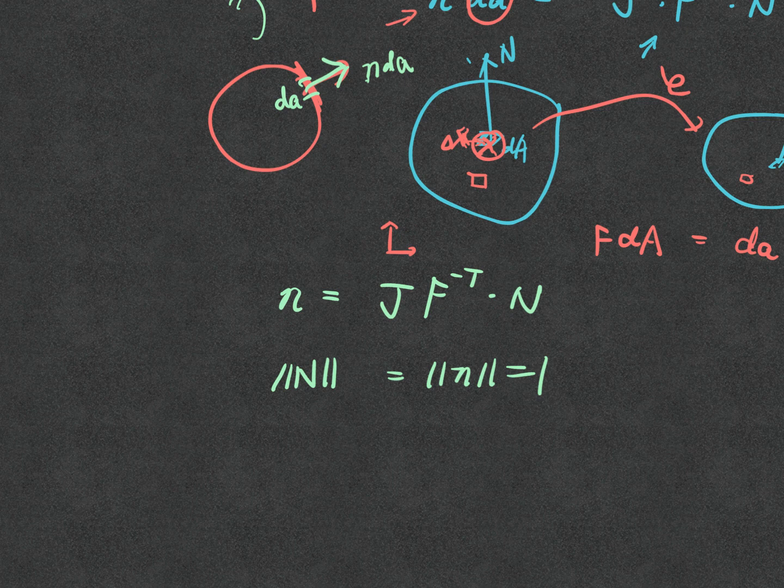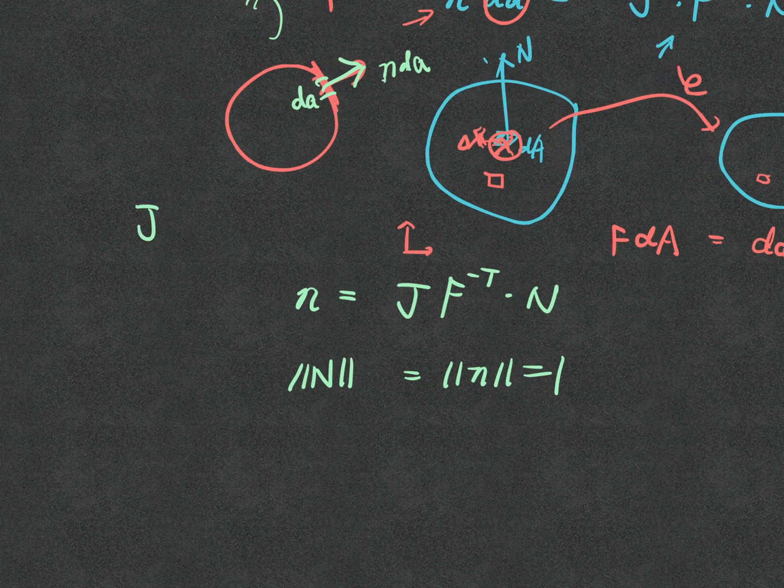Does that make sense? This J F minus T has a specific name, some kind of isochoric deformation, meaning that the determinant of it is equal to 1.